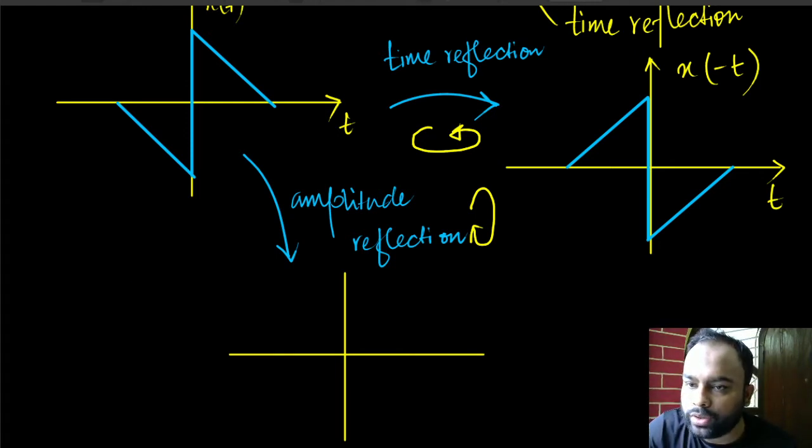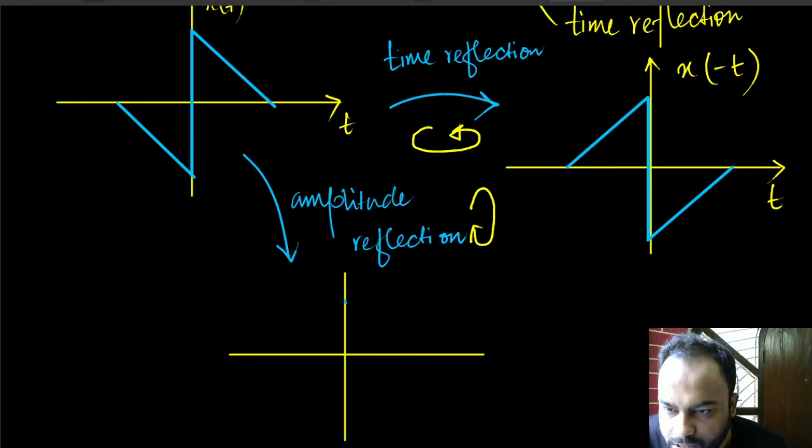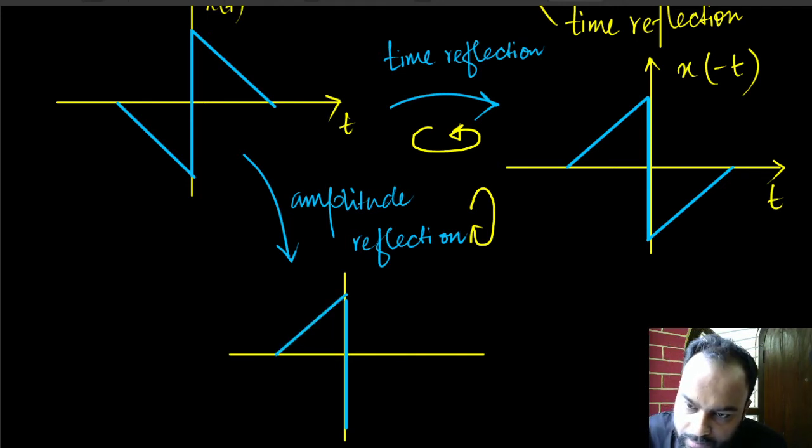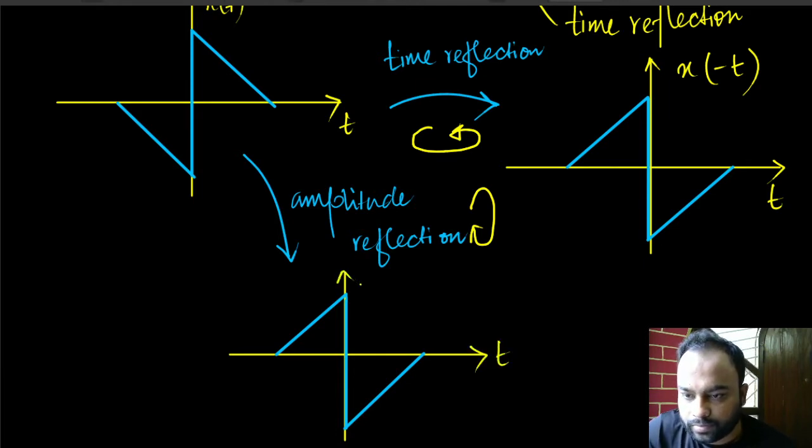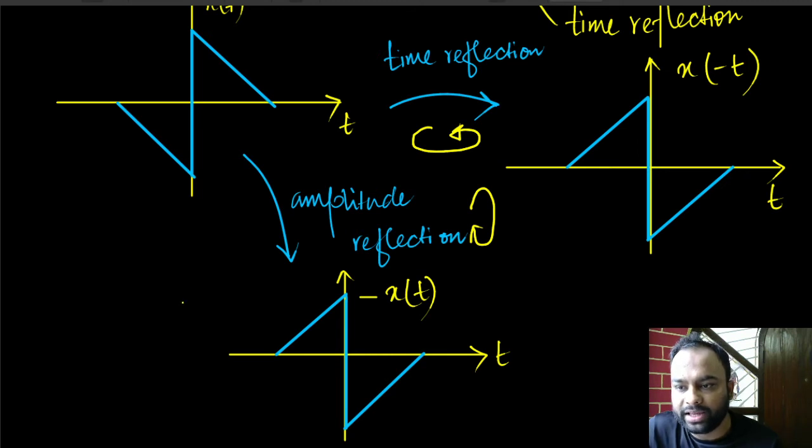So with that said, if I do that, again I do encounter the same thing, right? Now this is minus x(t).